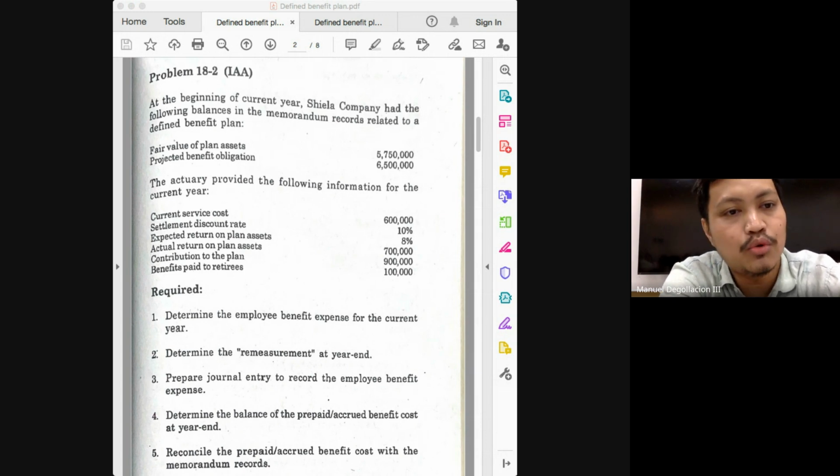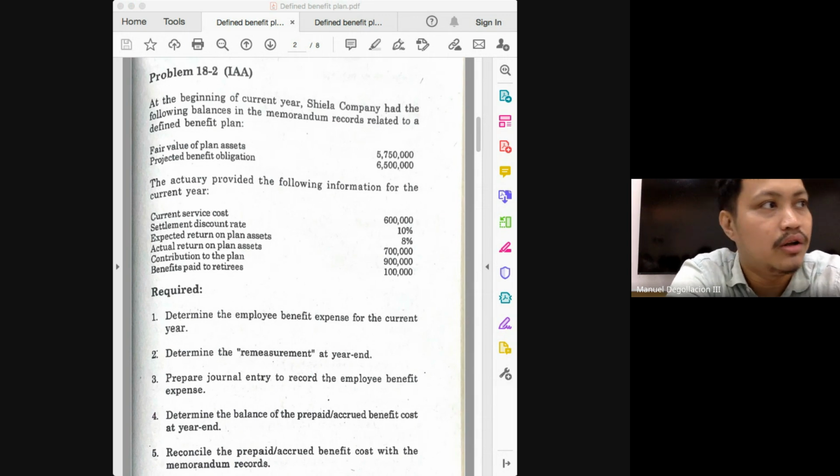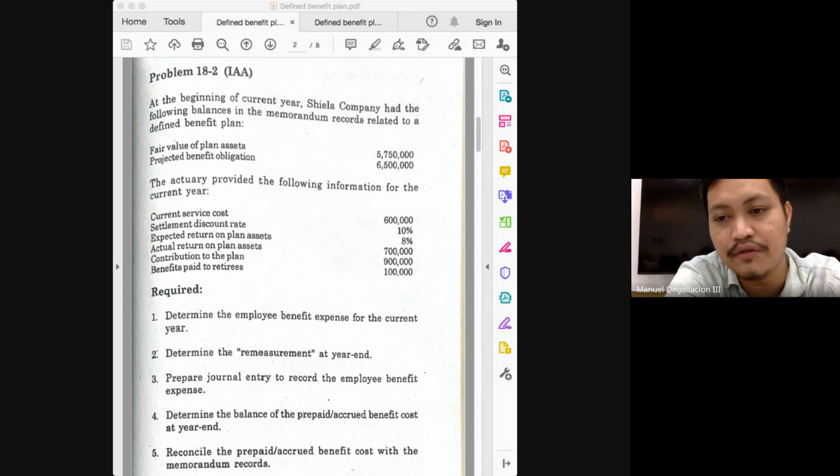Now, what do we call, class, the sum of your employee benefit expense and your net or total remeasurement? That would be your total defined benefit cost. So if in this problem you're asked how much is your total defined benefit cost, our answer would be 675 minus 125.